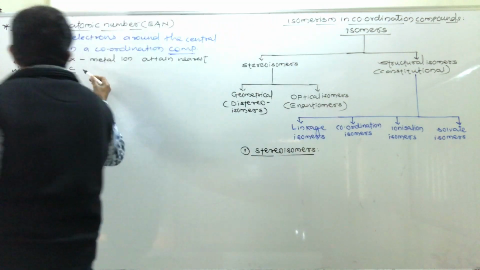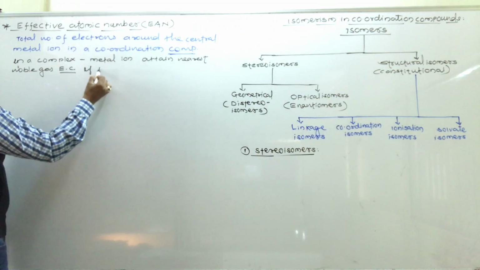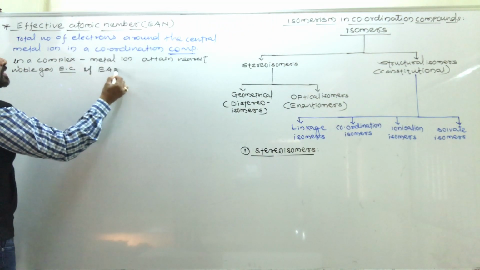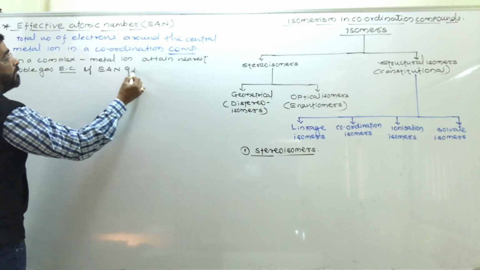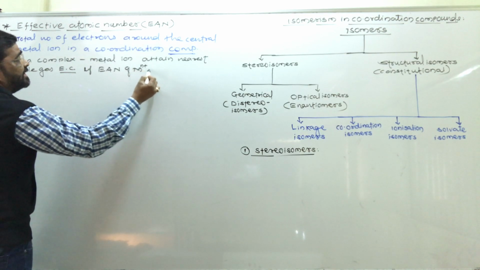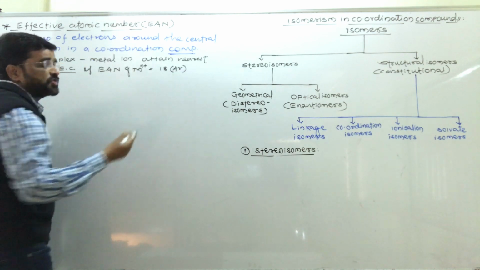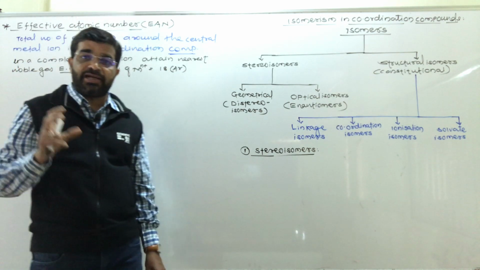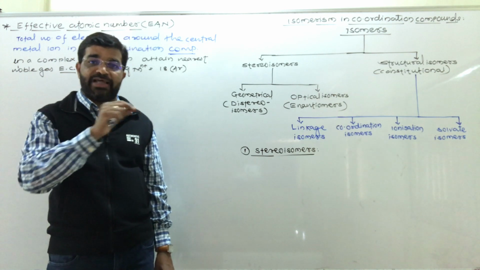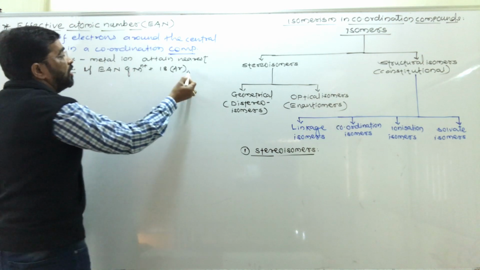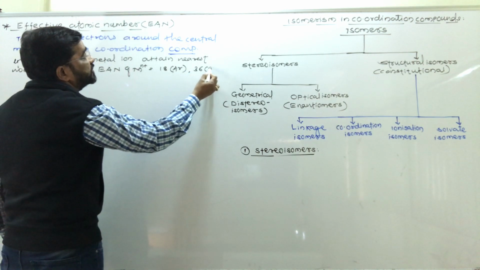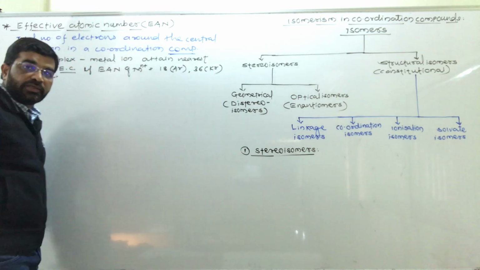If the effective atomic number of the metal ion is equal to 18, that is the nearest noble gas electronic configuration, like that of argon, or if it is 36, that is krypton.